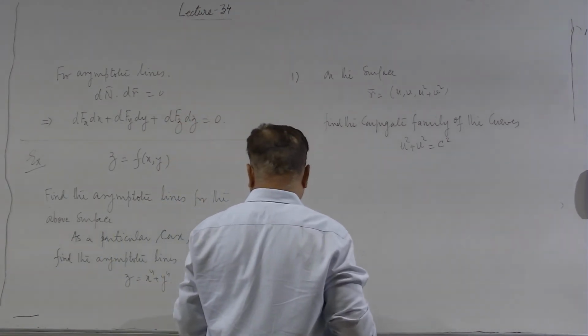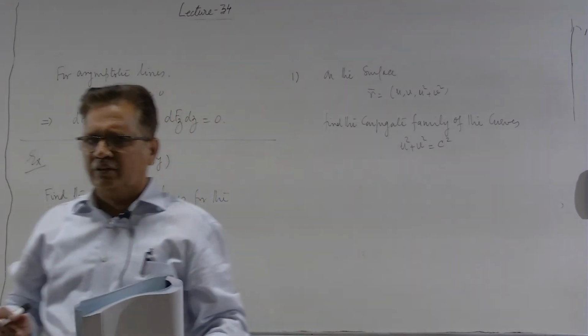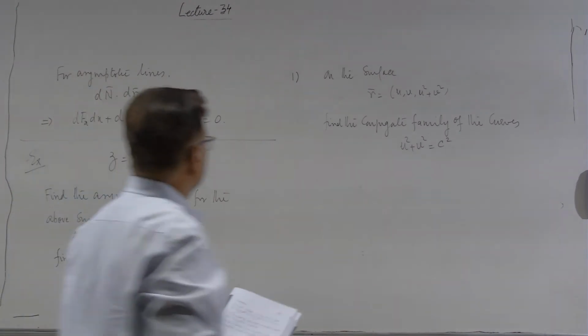Prove that the principal directions bisect the asymptotic directions. Perhaps we have worked out the formula for the angle. Yes, sir. Okay, so this can be done from there.